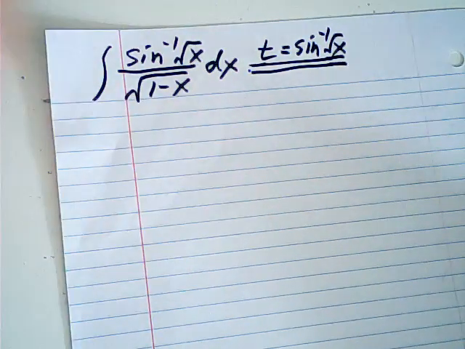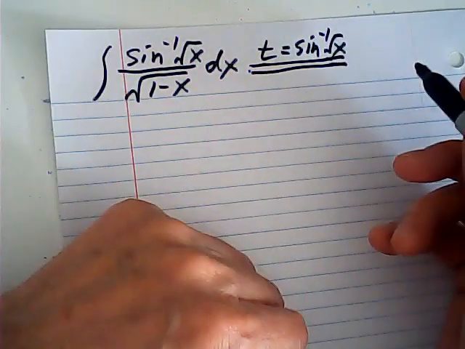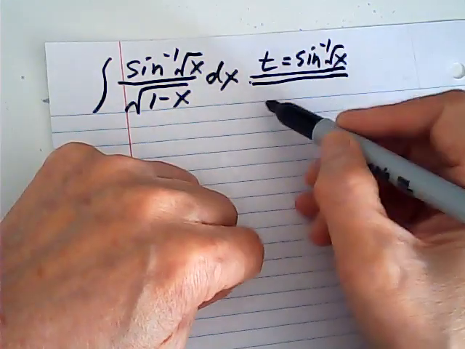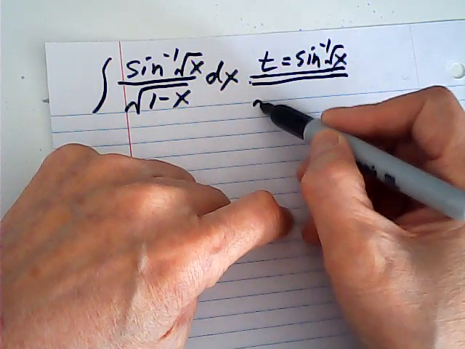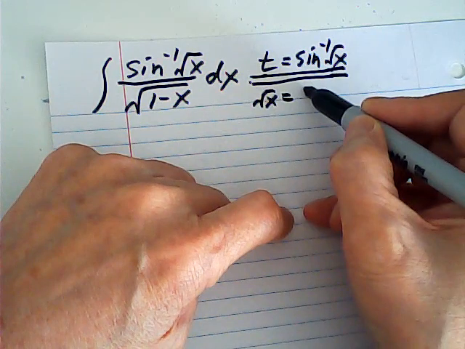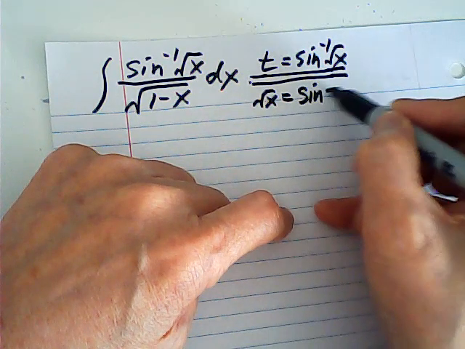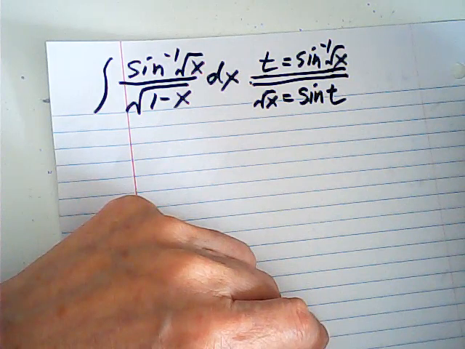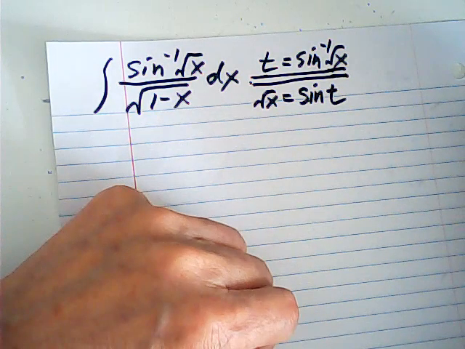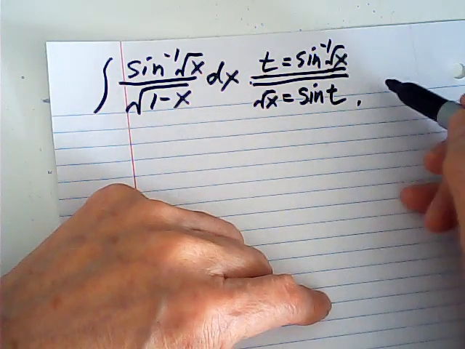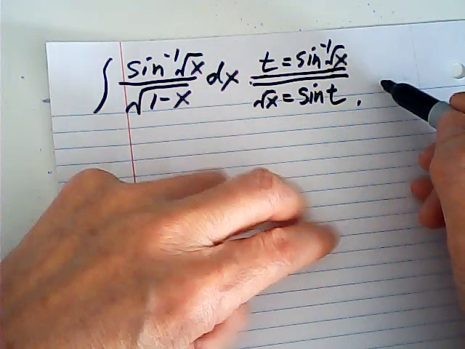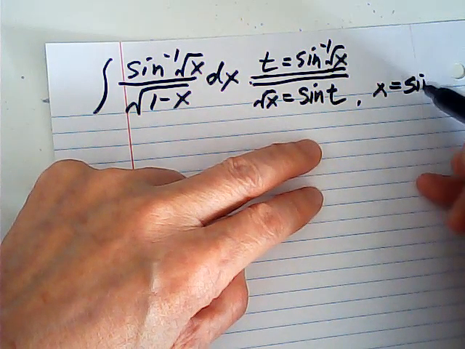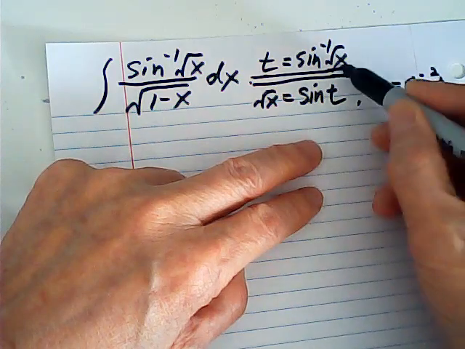So substitution, we just bring a new variable and try to solve the problem. Then square root x is sine t. Okay. Then x is equal to sine squared t, right?